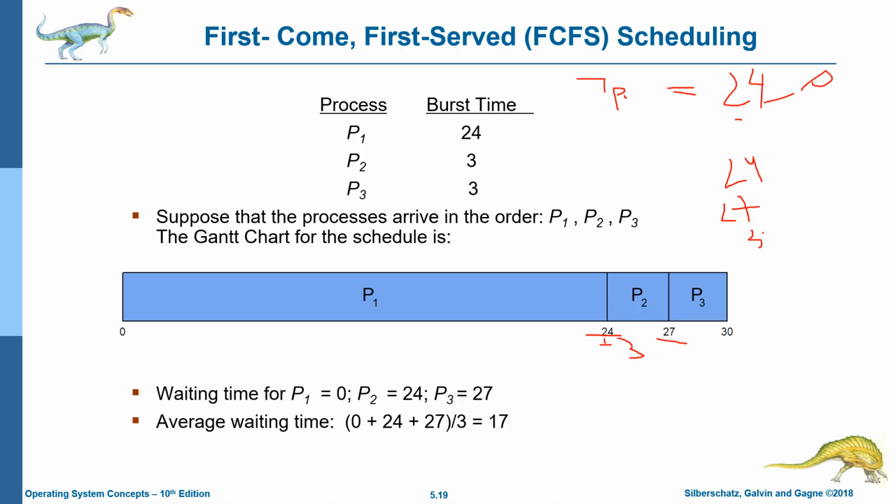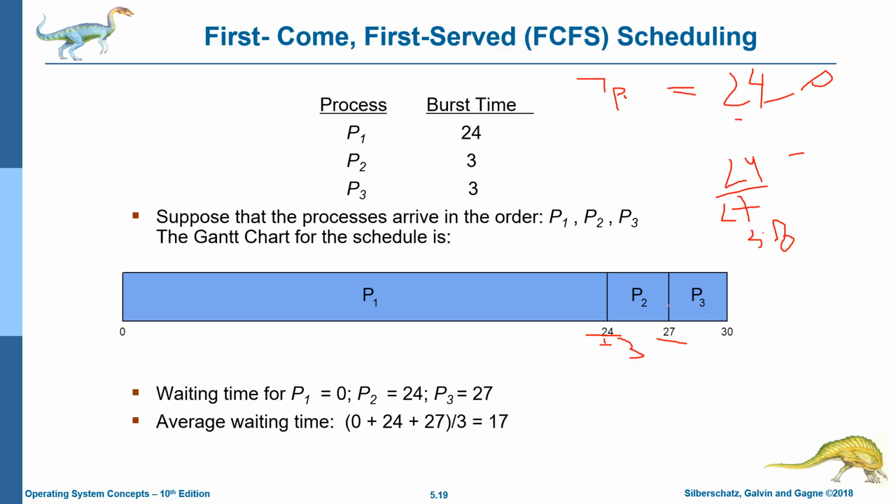So we will compute the waiting time by considering the turnaround time and also the burst time. The P1 burst time is 24 and the turnaround is 24, so 24 minus 24 is 0. That means P1 waits for 0 milliseconds for the assignment of the CPU. The next process completes at 27, and the burst time of P2 is 3, so 27 minus 3 is 24.